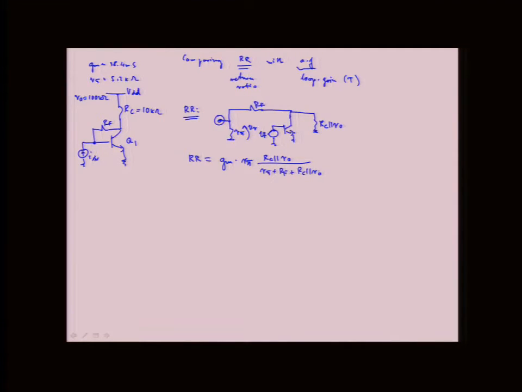We already did this, so I'm rushing through it. So I can rewrite this, and you'll see why later, as GM over RF, and then here R pi in parallel with RF, and then RO in parallel with RC in parallel with R pi plus RF.